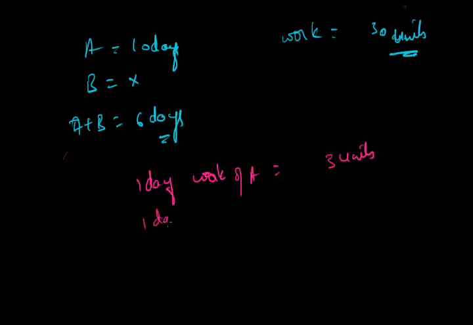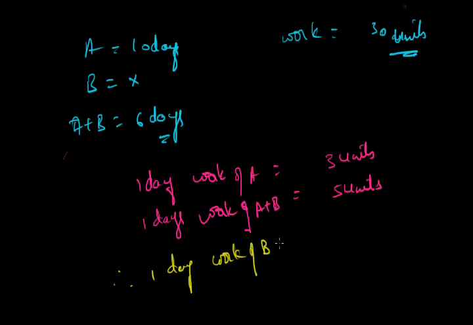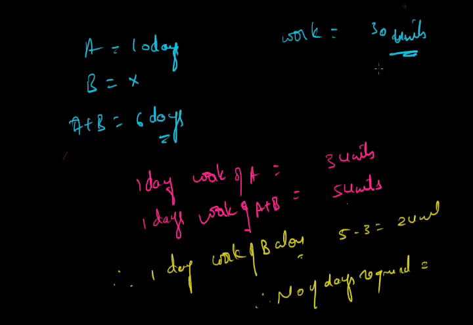The 1 day work of A plus B combined is 30 upon 6, that is 5 units. Therefore the 1 day work of B alone is 5 minus 3, that is 2 units. Therefore the number of days required for 30 units of work, when 1 day work is 2 units, is 30 upon 2, the answer is 15. Hence the third method, right?